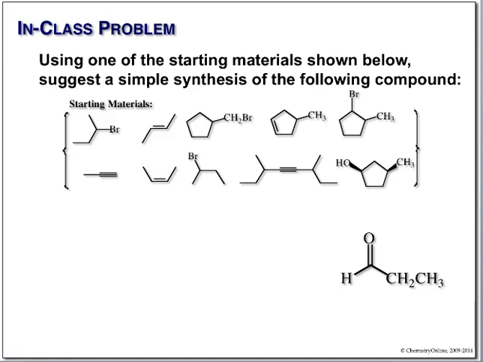Well, what is it? It's an aldehyde, right? Turns out that you know 2 ways to make aldehydes. We can make that from an alkene with ozonolysis, or we can hydrate an alkyne anti-Markovnikov.